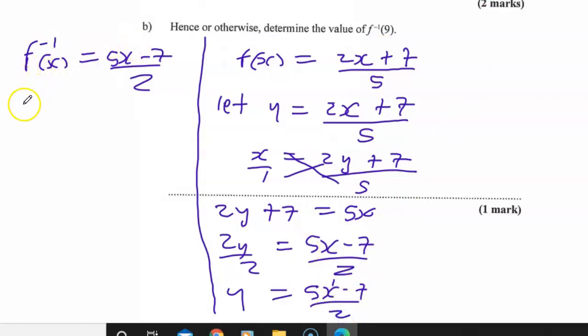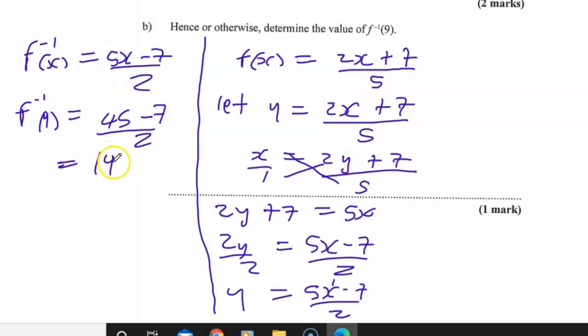So f inverse 9 would be 5 times 9, which is 45, minus 7, upon 2. So 45 minus 7, that's 38. 38 divided by 2, that's 19. So our solution is 19.